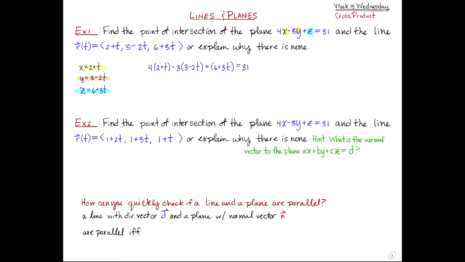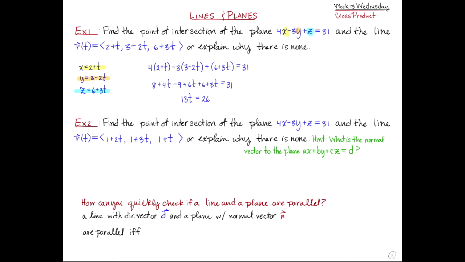Simplifying on the left-hand side, we have 8 plus 4t minus 9 plus 6t plus 6 plus 3t equal to 31. 4t plus 6t is 10t plus 3t gives us 13t on the left-hand side of our equation, and this is equal to 31 plus 9 gives us 40, minus 8 minus 6 leaves us with 26 on the right side of our equation.